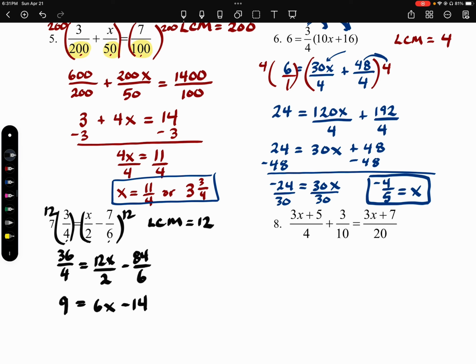We'll add our 14 to each side. We now have 23 is equal to 6x. Then we'll divide each side by 6, and we get x is equal to 23/6. Or if you wanted to, you could call that 3 5/6.